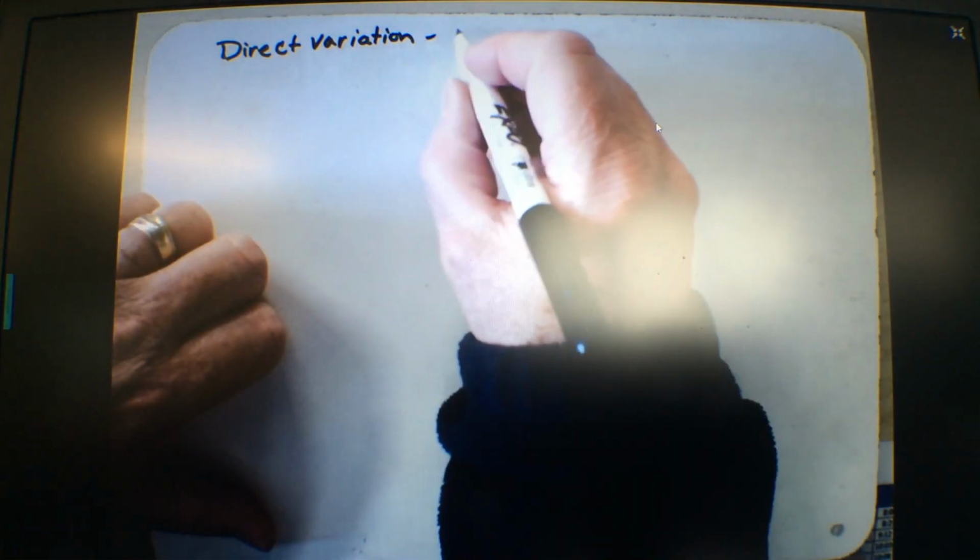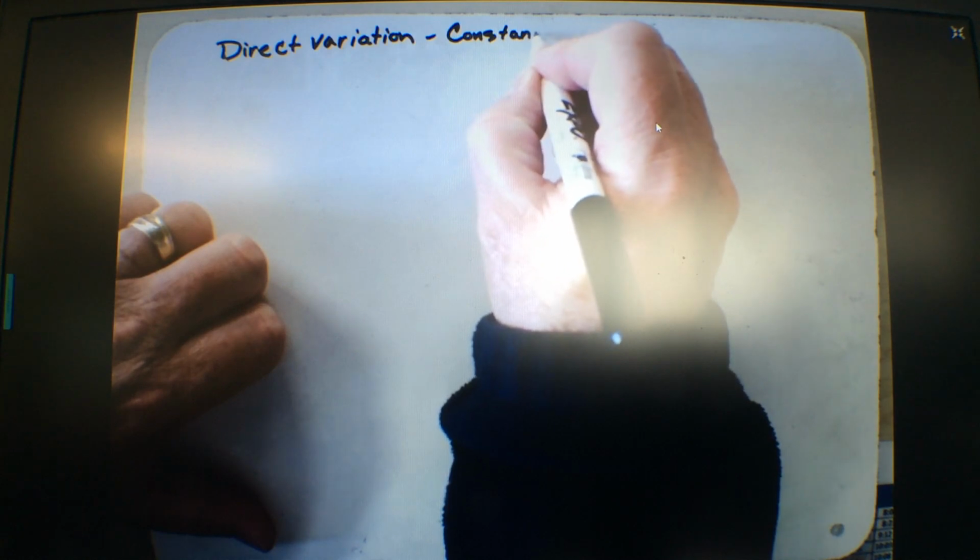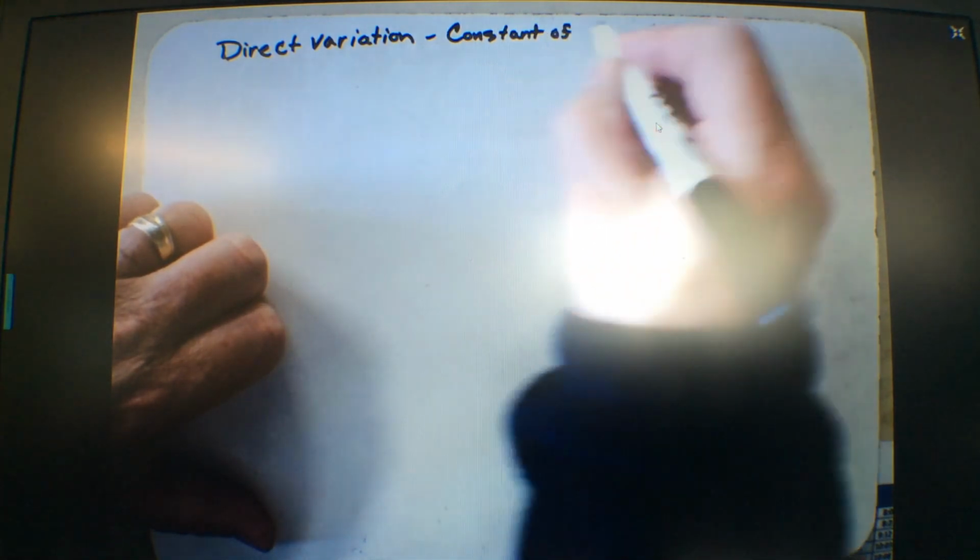Okay, now one of the most useful direct variation type of problems is distance equals rate times time. Okay, but I'll get to that in a minute. What we're going to talk about is what we call a constant of variation.